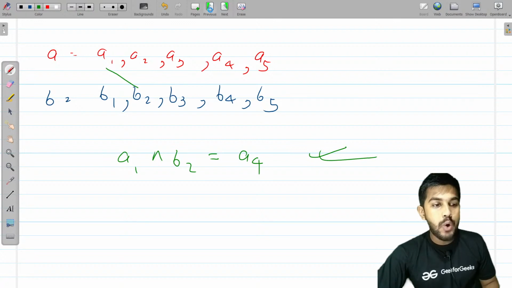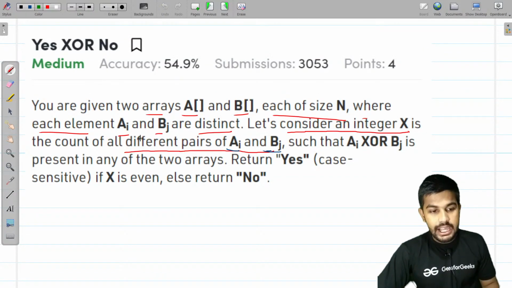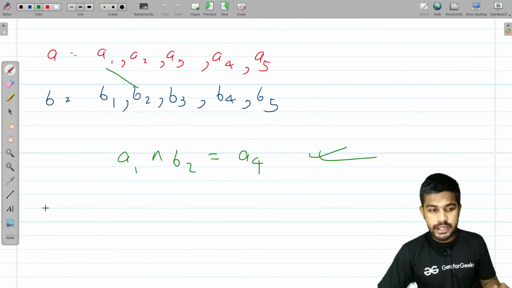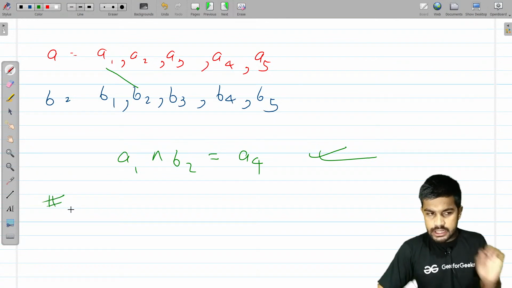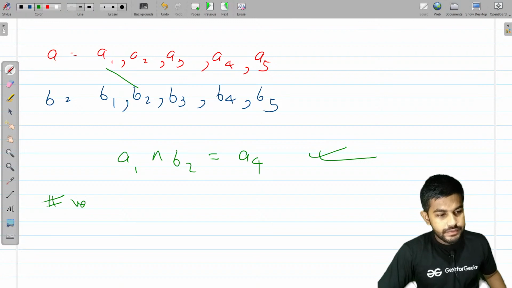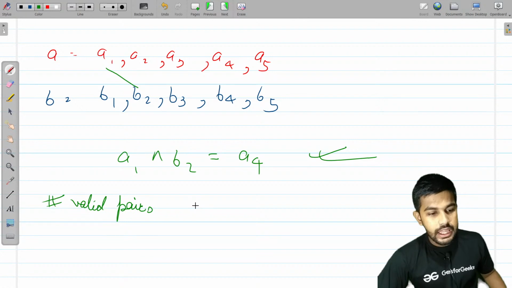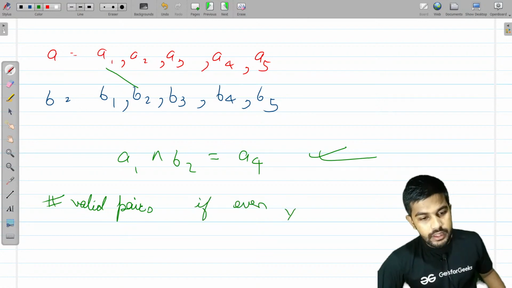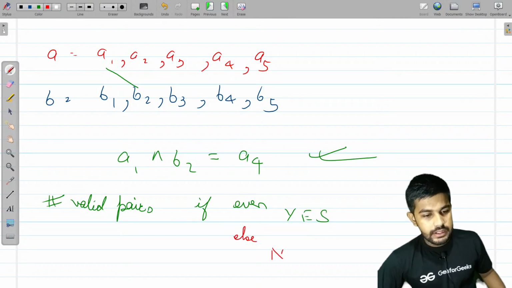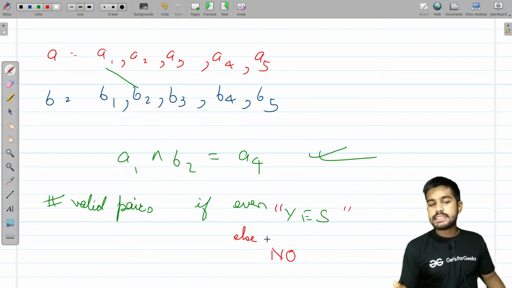Now we need to tell: if the count of valid pairs is even, the answer is yes, else no.